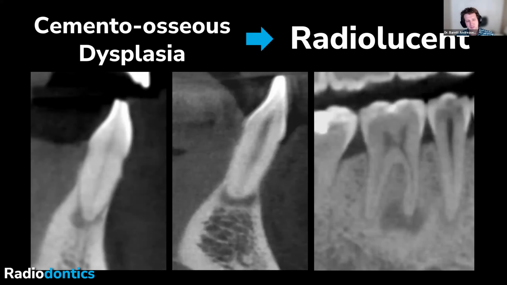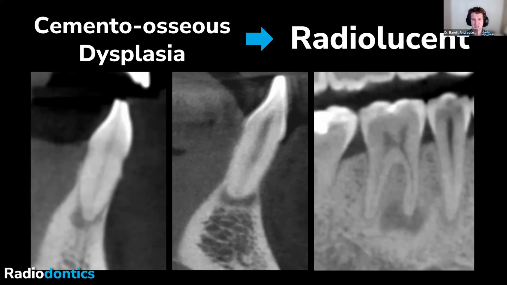Now, cemental osseous dysplasia, it's typically fairly straightforward to diagnose, but in its very early stages, it's a little bit tricky. The reason why is because cemental osseous dysplasia starts off as completely radiolucent, and it's typically found at the root apices. And that's a little complicated because a radiolucency at the root apex of a tooth looks a whole lot like apical periodontitis, right?